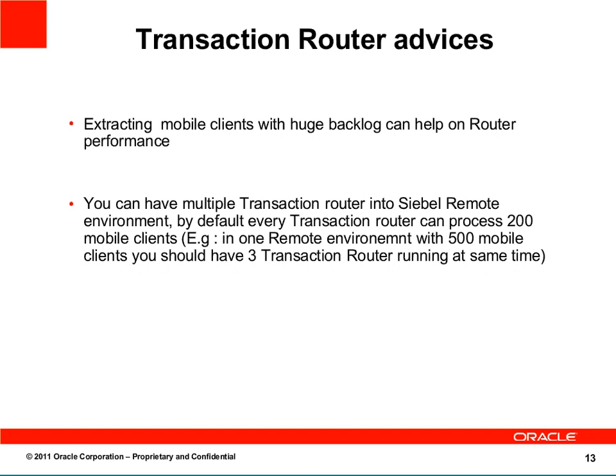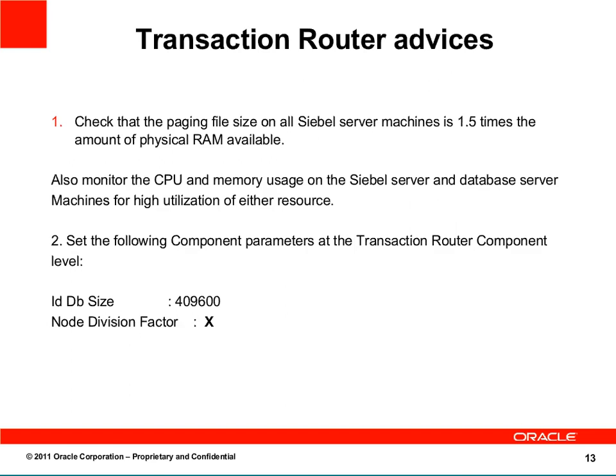We can check it by running SQL statements directly inside the Oracle Siebel server database. I will show you the correct SQL to be executed to get the number of transactions that every mobile client has to process.